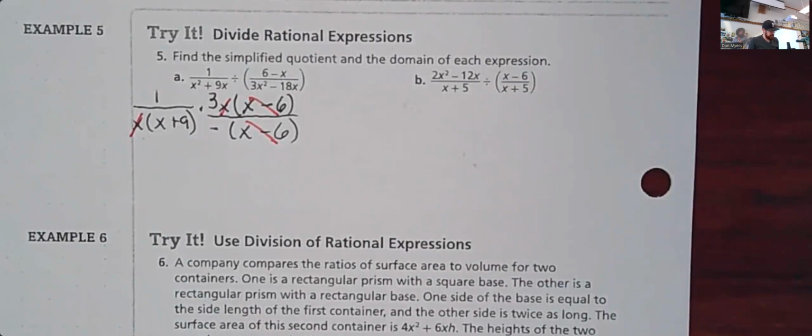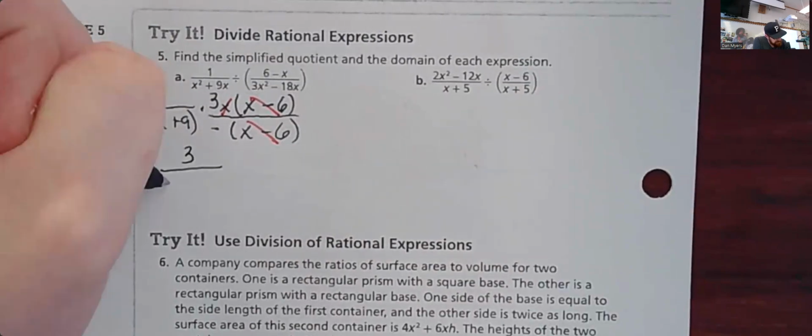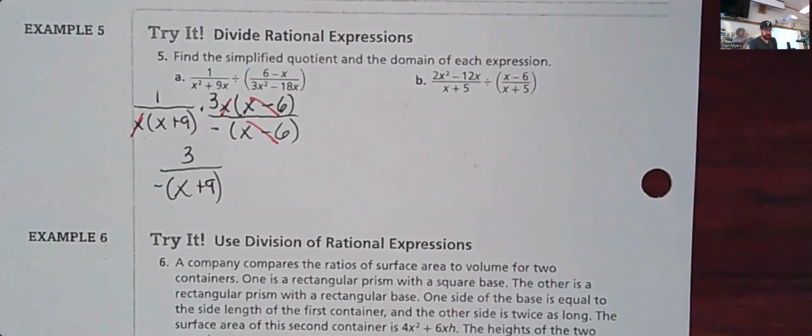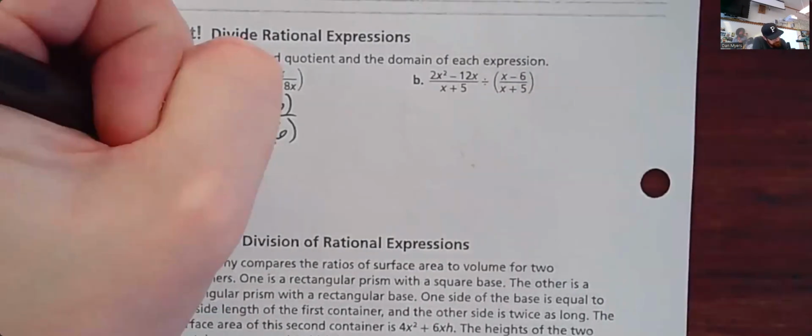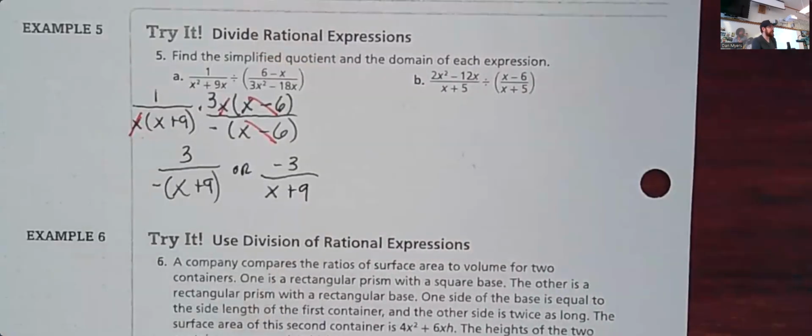So this will give us an answer of 3 over the opposite of x plus 9. Or if you want to, you could do negative 3 over x plus 9. Doesn't really matter where the negative goes. As long as you have a negative, it's fine.